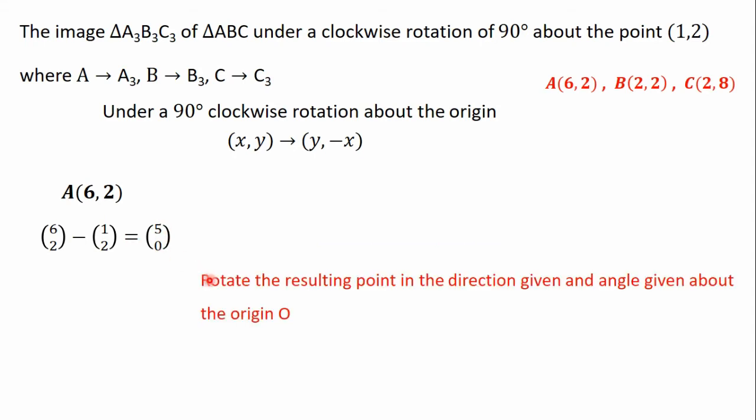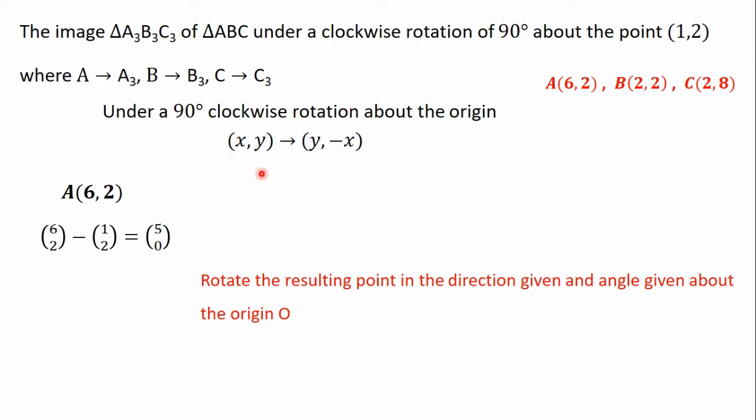The second step says that we should rotate the resulting point in the direction given and the angle given about the origin. The angle given is 90 degrees and the direction is the clockwise direction. So it means that we are going to rotate the point (5, 0) 90 degrees in the clockwise direction about the origin.